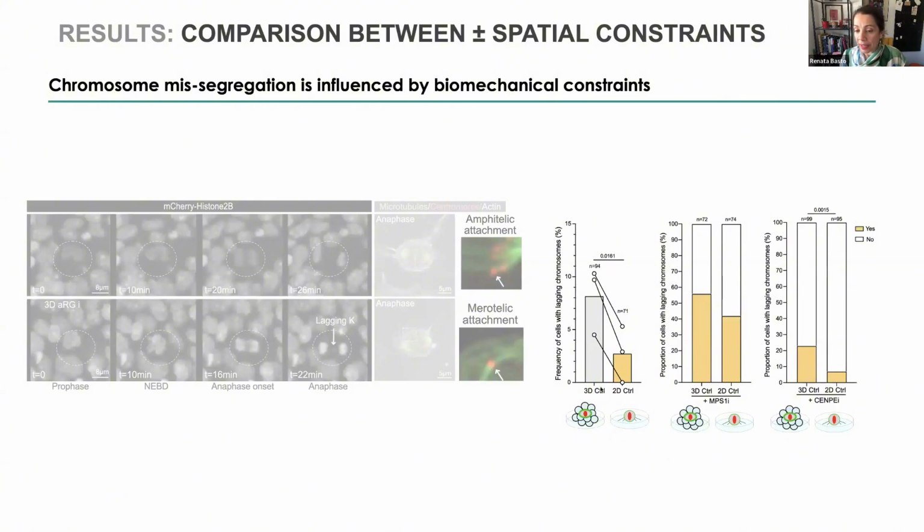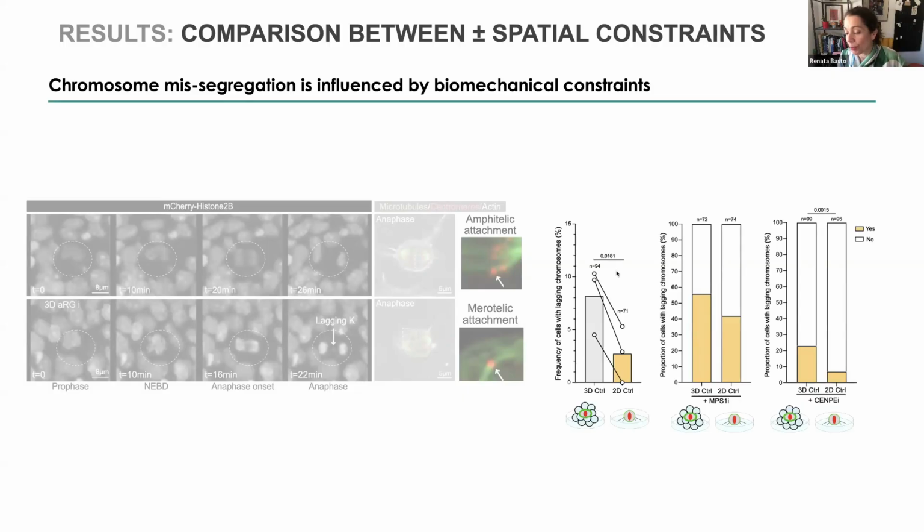Here there is a graph with unchallenged conditions where we look at the frequency of cells with lagging chromosomes in either 3D with neighbors or in 2D without neighbors. And you can see that there are always fewer chromosome segregation errors, depending on the experiment, when comparing 2D to 3D.